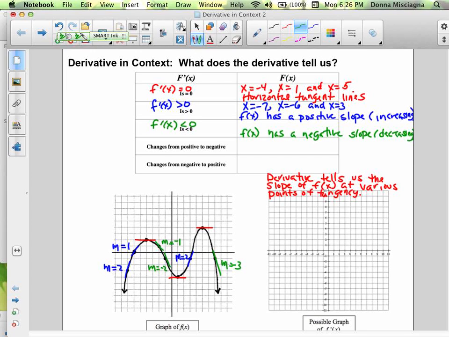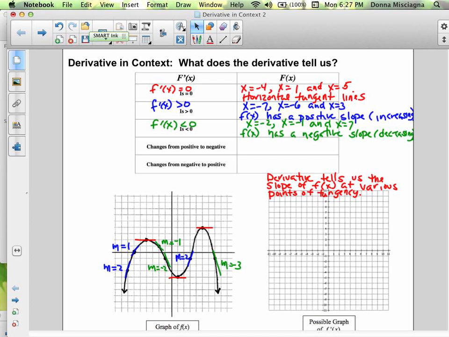And that's occurring at x equals negative 2, x equals negative 1, and 3, 4, 5, x equals 7. So we can use that information to graph f prime of x, because the graph of f prime of x is just the slopes at various points of tangency.